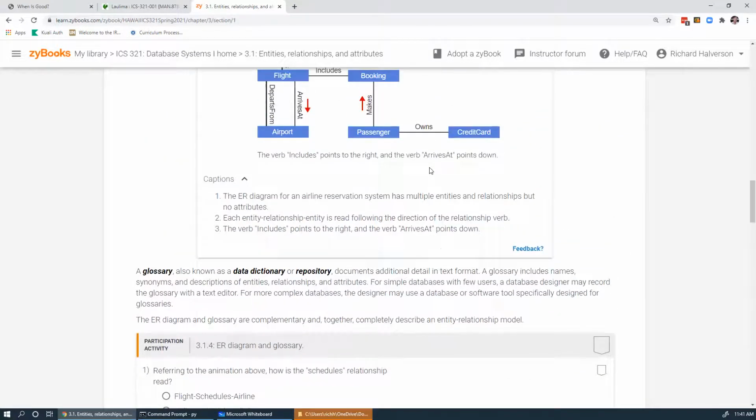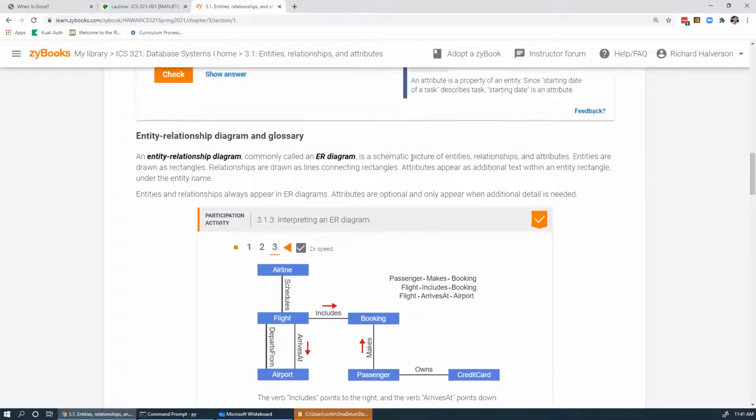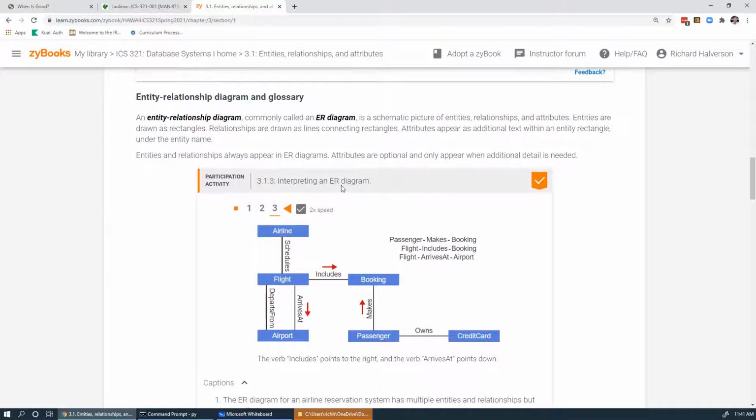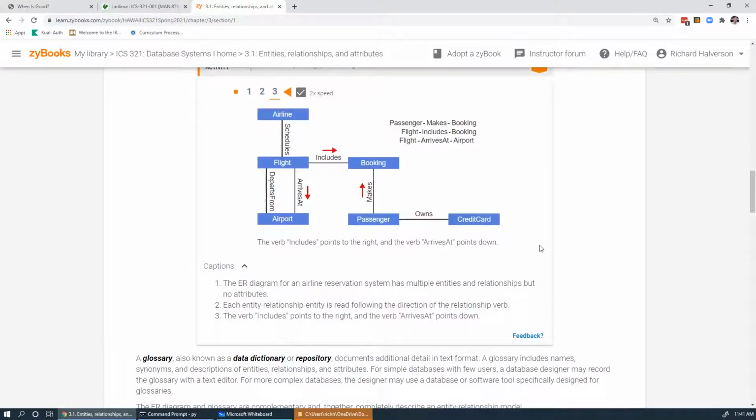There's a couple of things. A square, a box, a rectangle does not necessarily refer to a table. Well, rectangles generally refer to tables, but there's other tables in here that are not even shown.